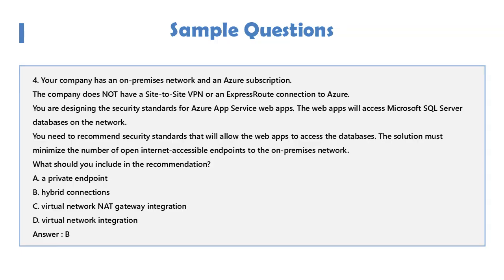The solution must minimize the number of open Internet accessible endpoints to the on-premises network. What should you include in the recommendation? A. A private endpoint. B. Hybrid connections. C. Virtual network NAT gateway integration. D. Virtual network integration. Answer: B.